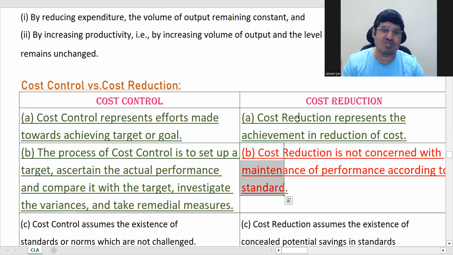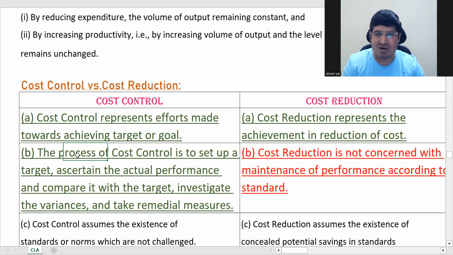Whatever reduction is possible, that you will see. So the first point was that it is the effort towards achieving a target, and this is achievement in reduction. Second is the process: we set a standard, get the actuals, get the variance, and try to investigate the variance.